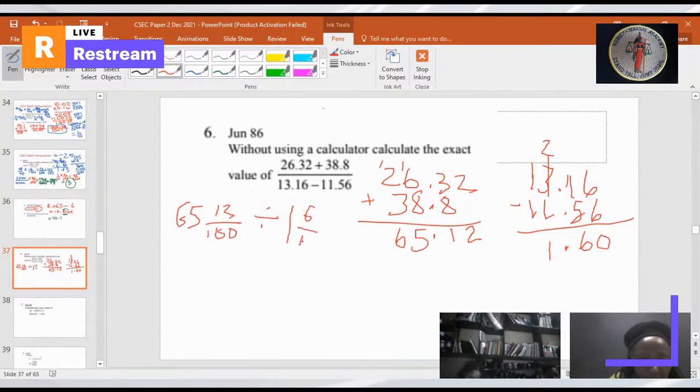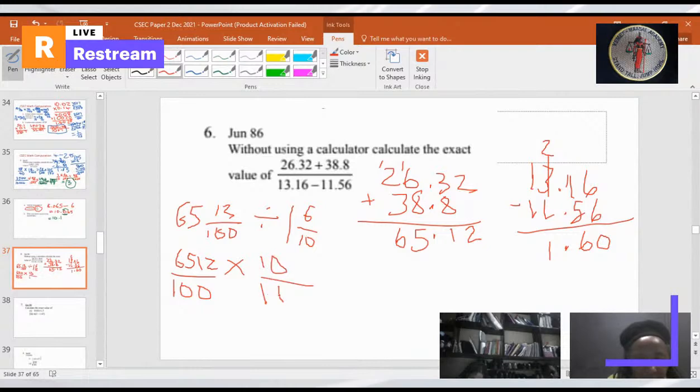So 65 times 100 is 6,512 over 100, times 10 ones, 10 and 6, 16, 60, over 10, and we invert. Yes, miss, 10 over 16.